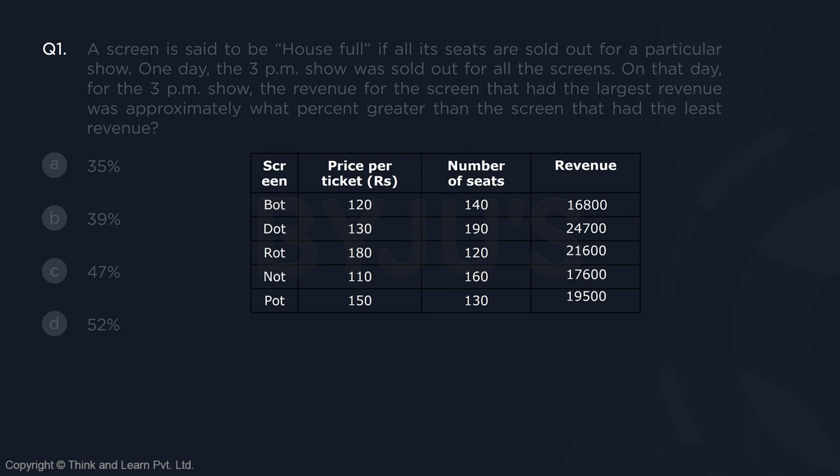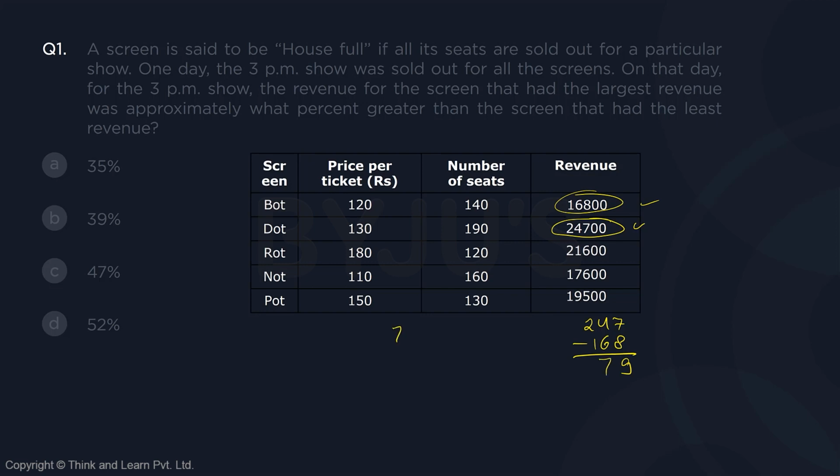Largest revenue clearly we can see 247,000, and least revenue is 168,000. So this is how much percent more than this. You can cancel out 00 straight away. So the basic idea is 247 minus 168 gives you 79 more.